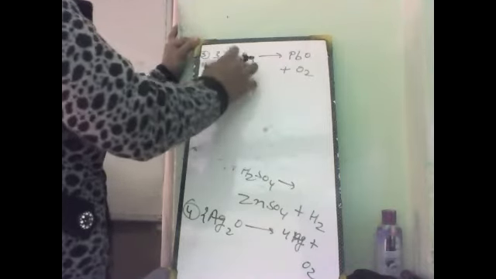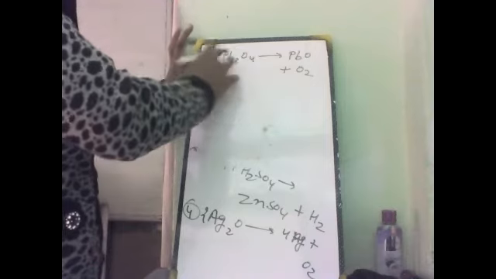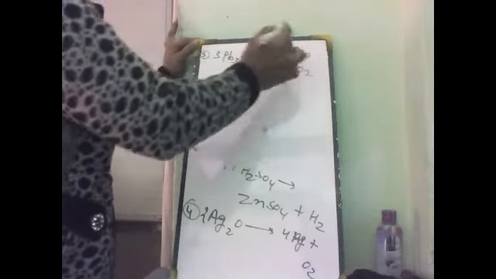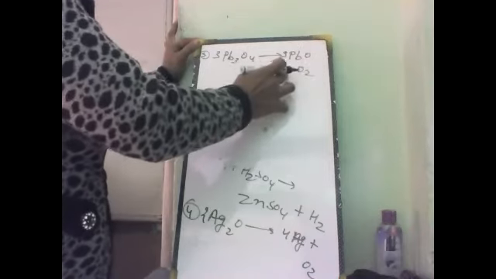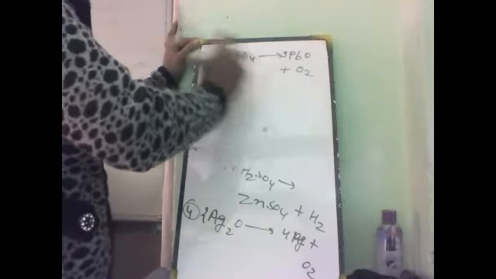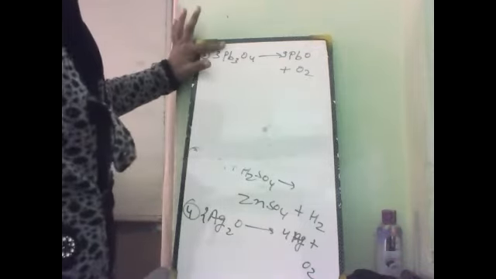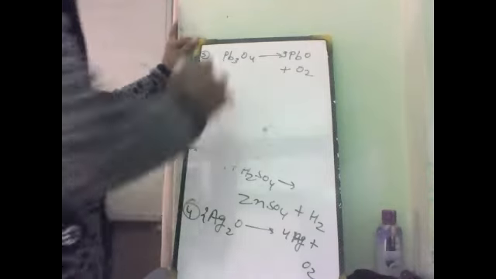Putting 3, the number of oxygen is 12 on one side, and 3 threes are 9. There is some problem here. How do we balance it?